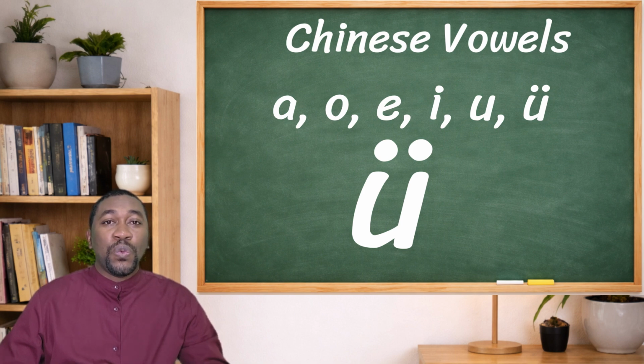So the sound is U. Now let's try it according to what I just said. Start off with E, then round your mouth. Got it? Let's try it again.